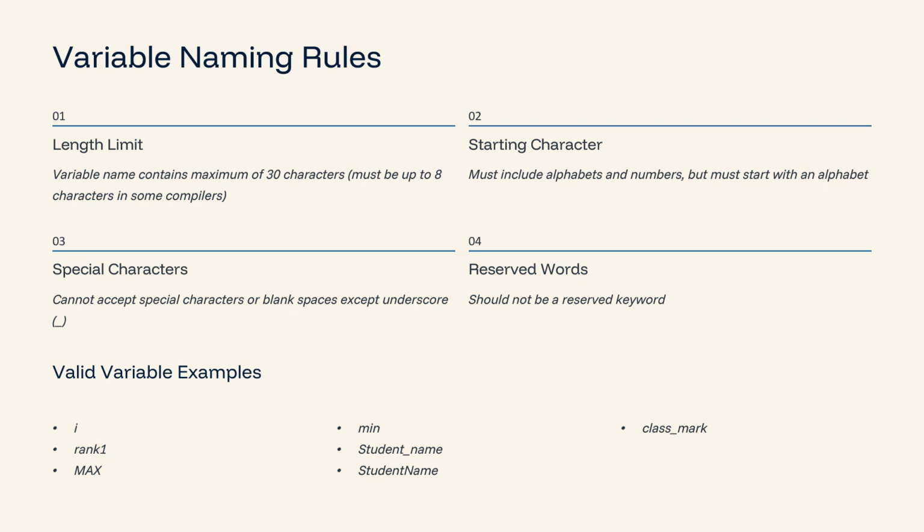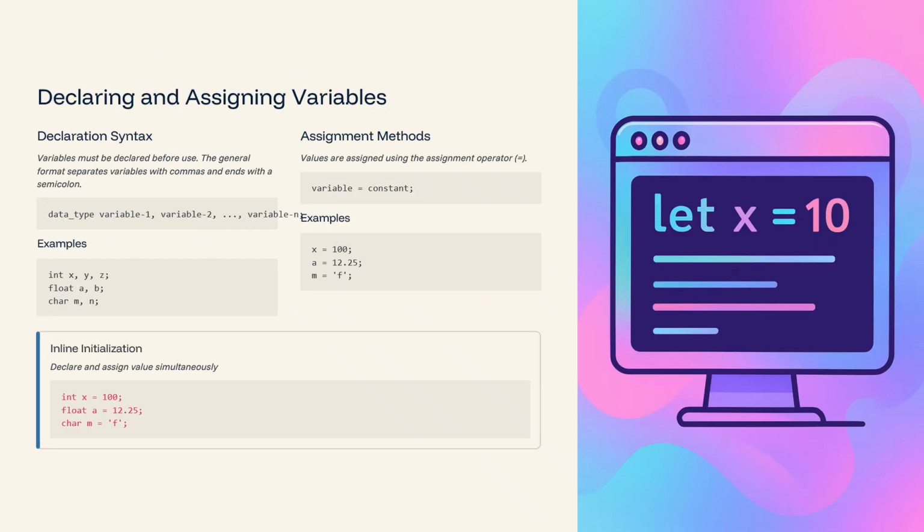Now we will see how to declare and assign variables. Before using a variable in C, it must be declared. The general format separates variables with commas and ends with a semicolon.